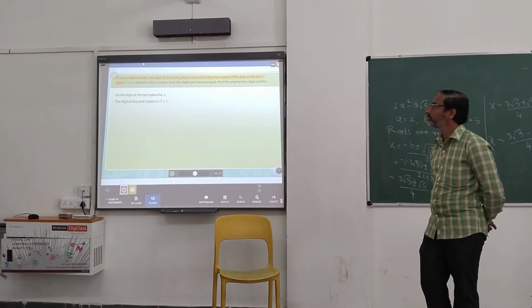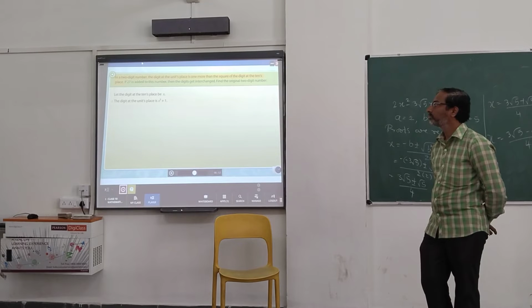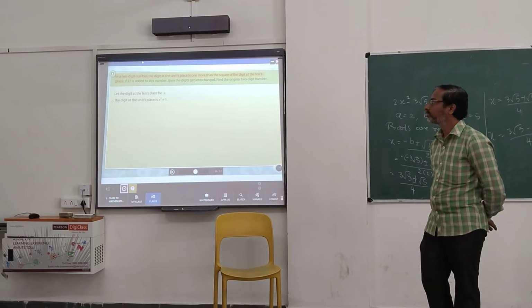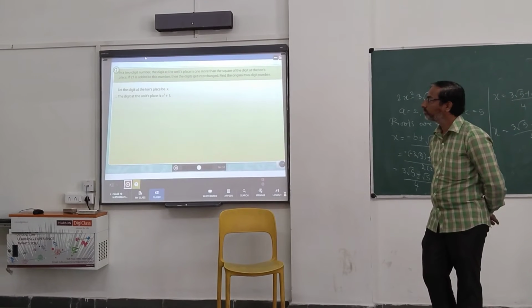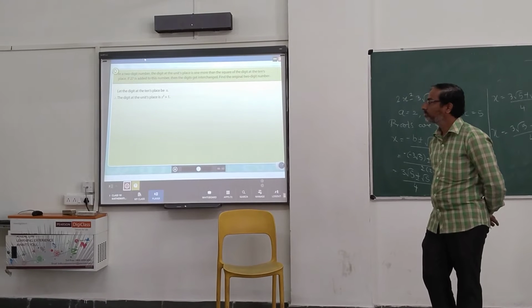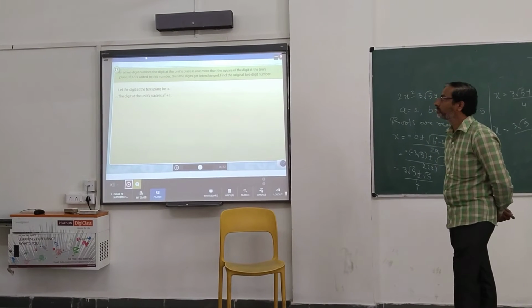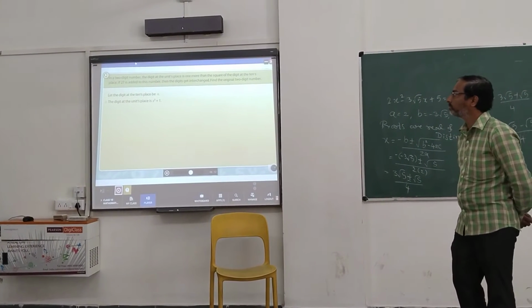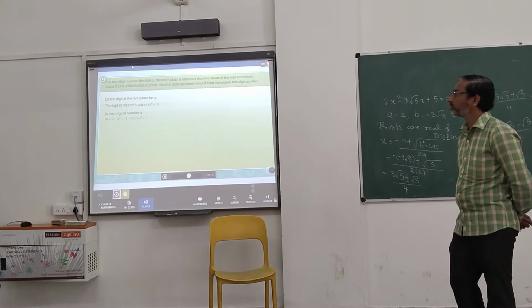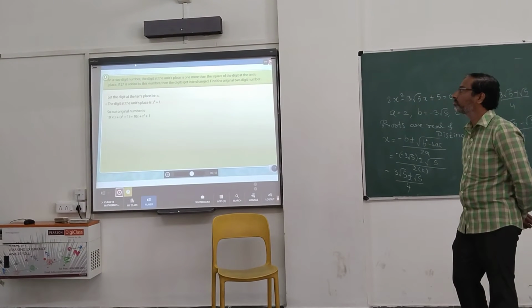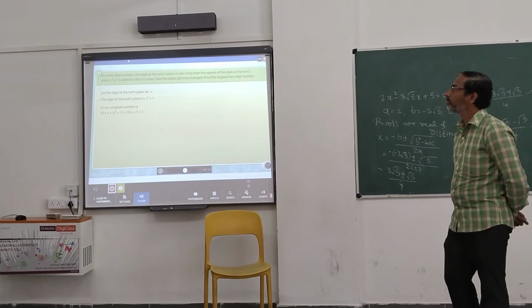We can say that the digit at the units place is x squared plus 1. We can thus write our number as 10 times the digit at the tens place plus the digit at the units place. So our number is 10x plus x squared plus 1.